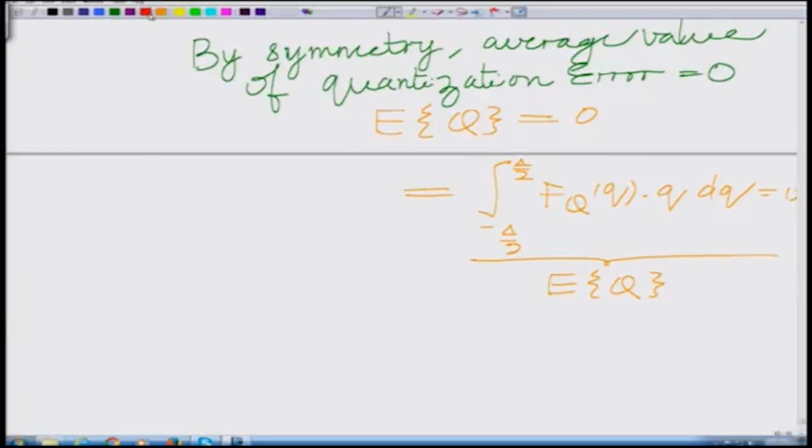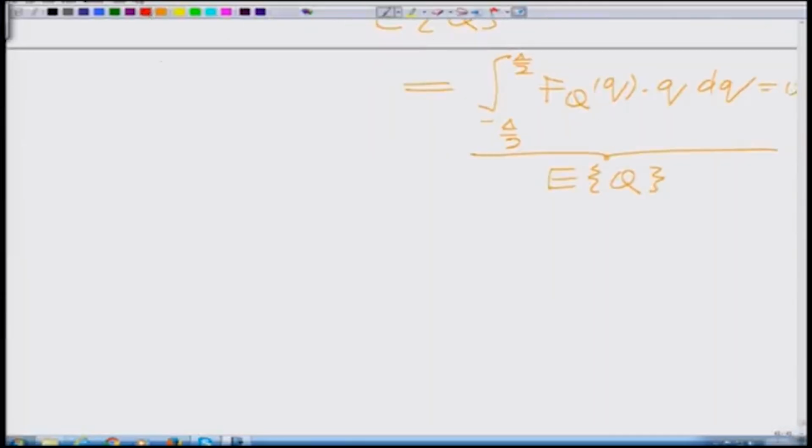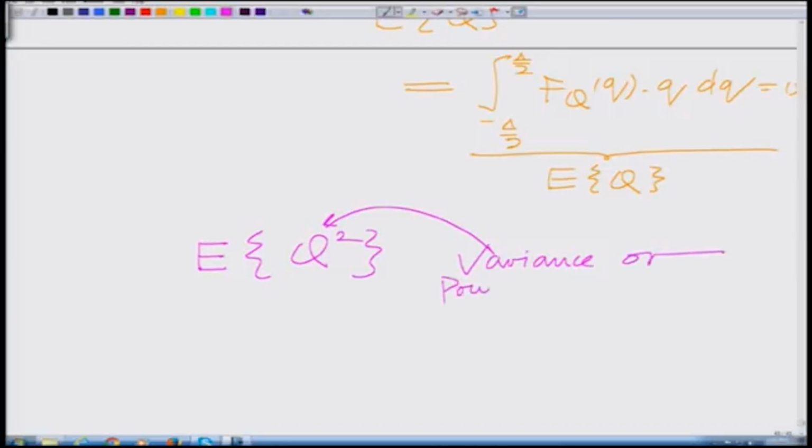Now, we want to find the expected value of q square, the variance or the power of this quantization error, or quantization noise. So we need to find the variance or power of the quantization error, also termed as quantization noise.